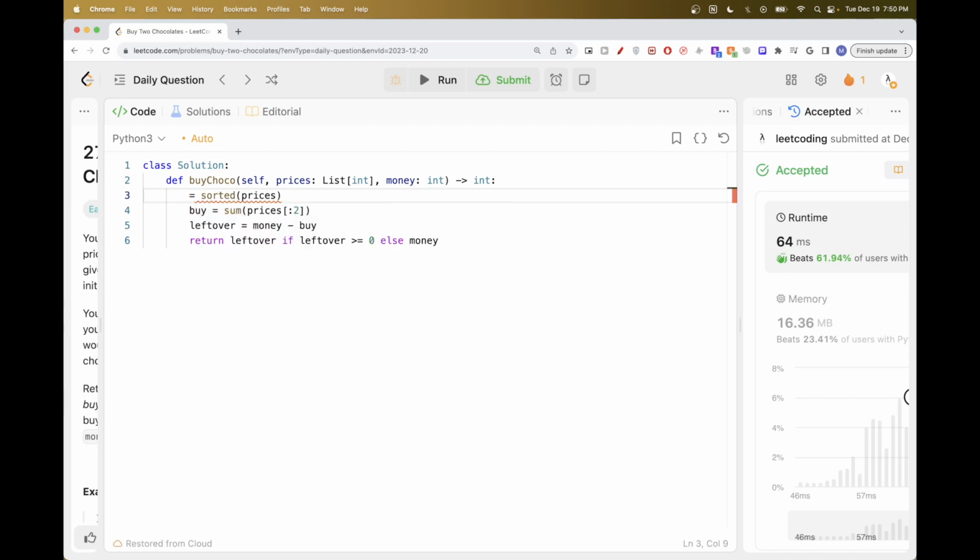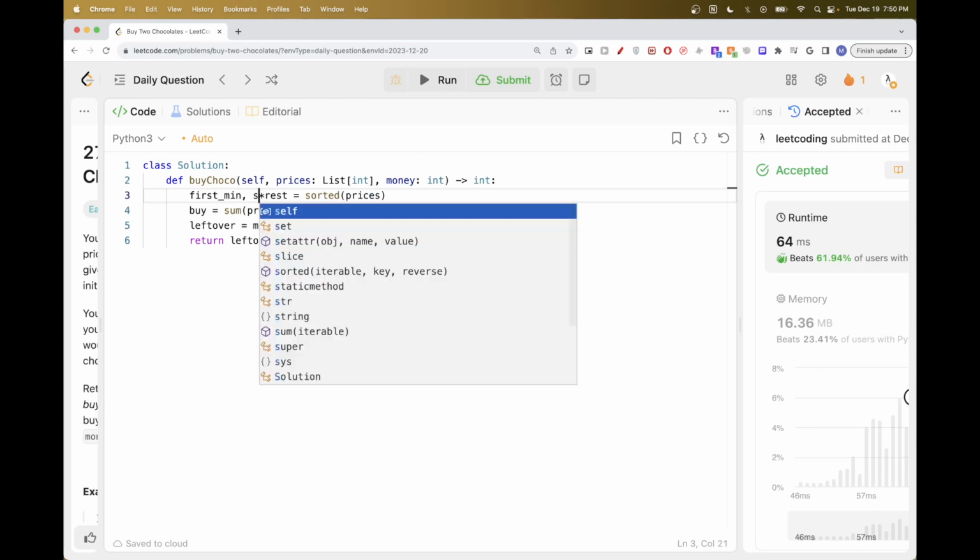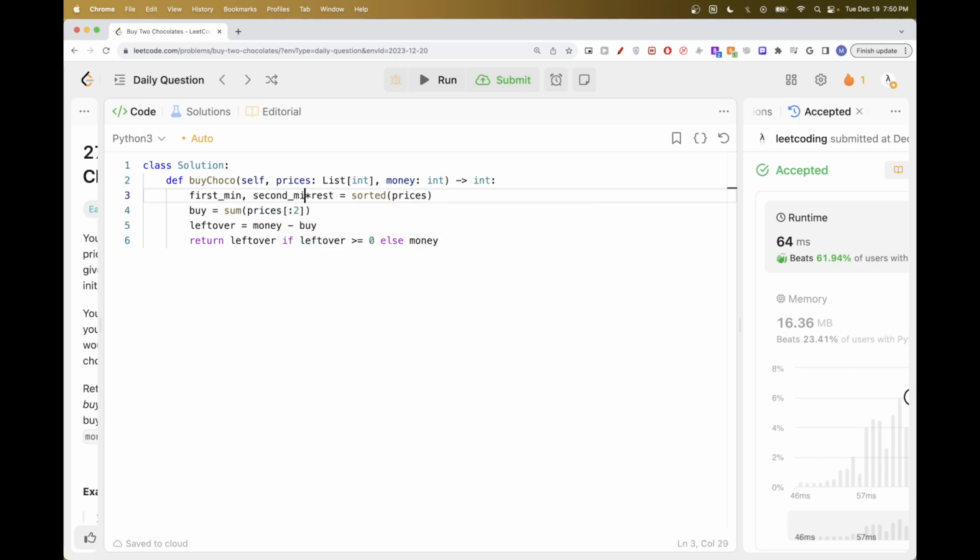So in Python you can do this thing where you can get an element and then get the rest. By using star, you can get the rest in this array. So the first element would be in this variable, and then the rest would be here. Okay, and so we can do something like that, where the first min would be this one, the second min would be the second one, and then the rest of the array would be in this rest array.